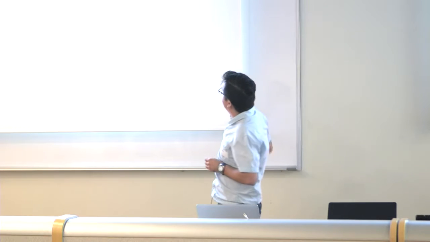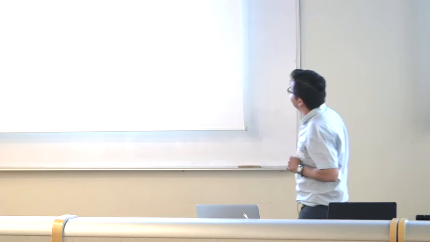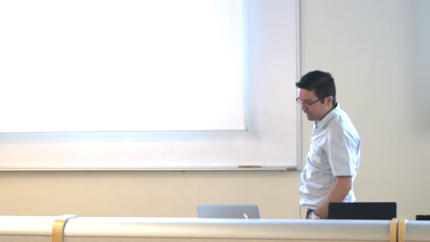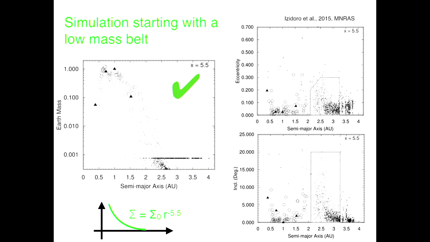But let's look at the asteroid belt in this simulation. You should fill all this gray region with black points, and this is not what's going on. Why? Because there's so little mass in the belt, the mutual interaction between the bodies that are there is too weak. They are not strong enough to pump up inclinations and eccentricities to the level that we observe in the belt today.